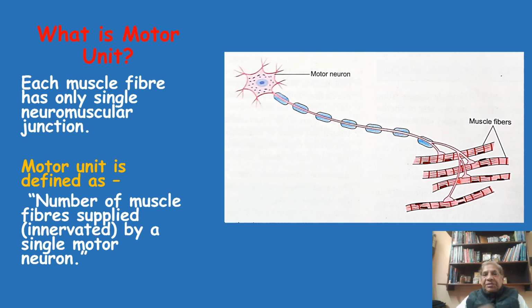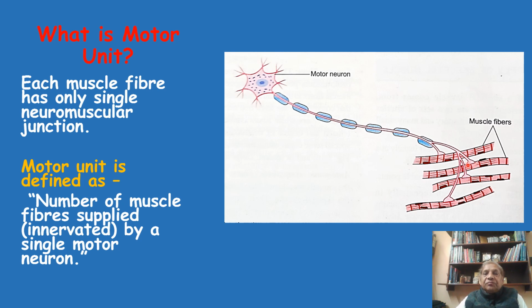This axon is reaching right up to the skeletal muscle, and it is innervating the muscle fibers at the neuromuscular junction. That means this is the junction of the terminal end of the axon branch, and it is innervating a muscle fiber.